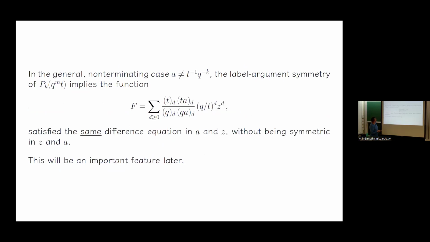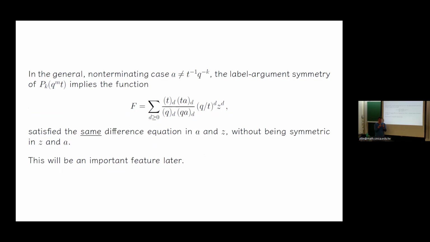All right, and another thing is that in general, if I take a non-terminating case of Macdonald polynomials, this is not symmetric. And that will be important. If you take a non-terminating case, that is not symmetric.